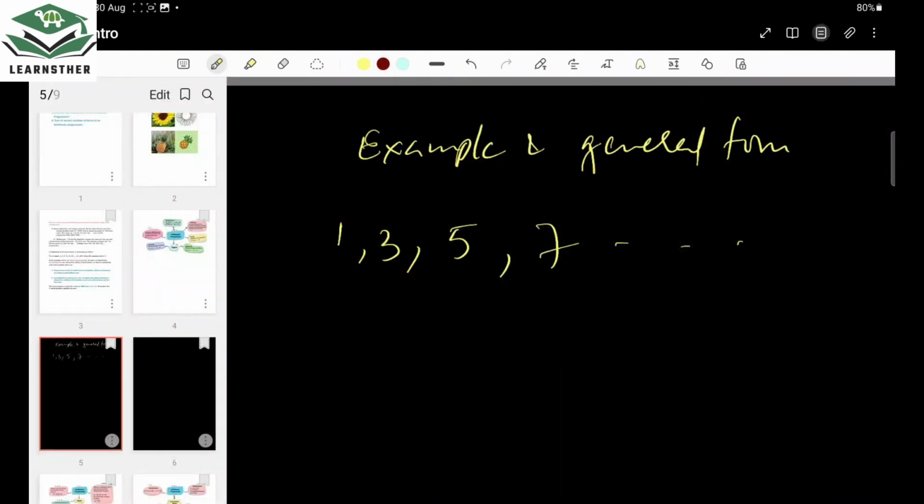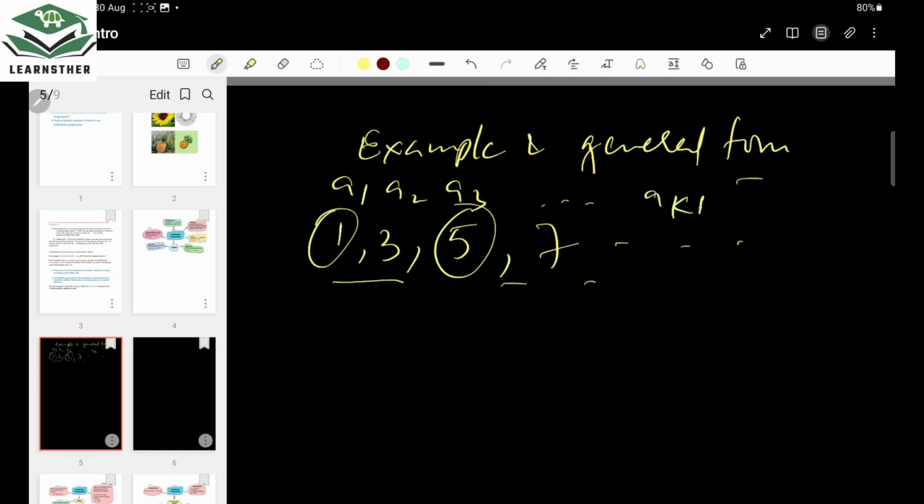For example, let's discuss arithmetic progression by example and its general form. Let's take an example. 1, 3, 5, 7. Okay. Here these are called terms. Here this is first term, second term, third term, and so on. Say let's take a k plus 1 term, a k term. Okay. a n is your general term.